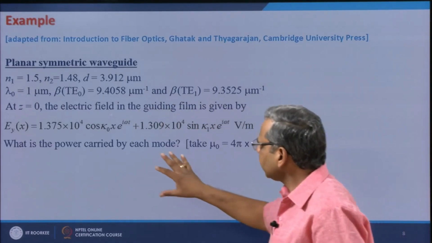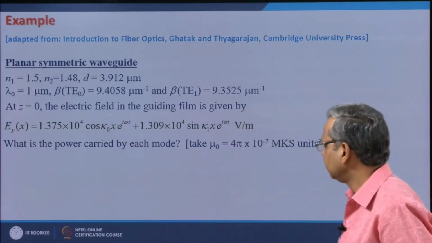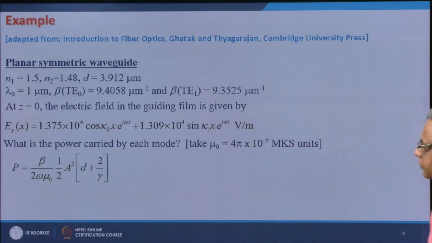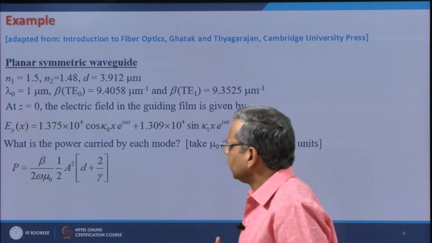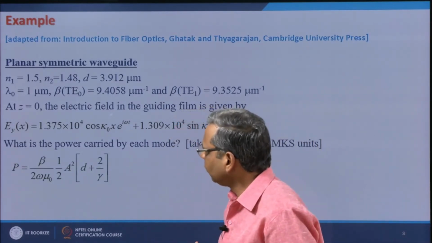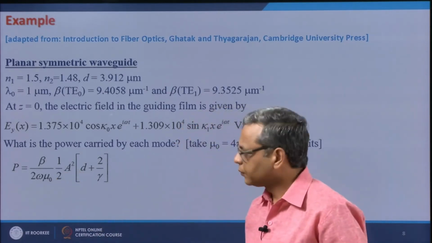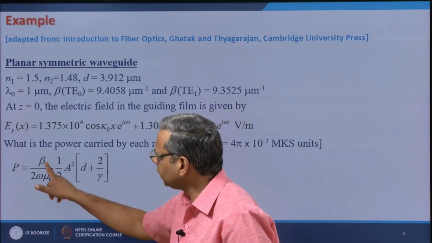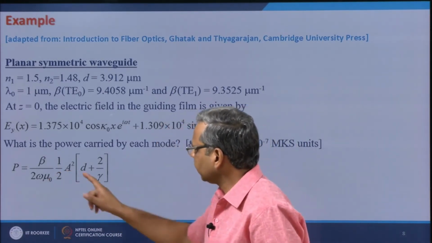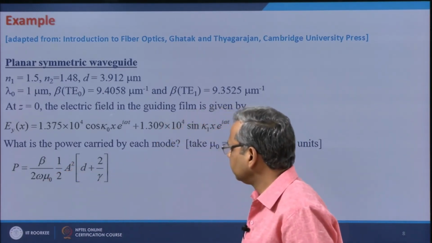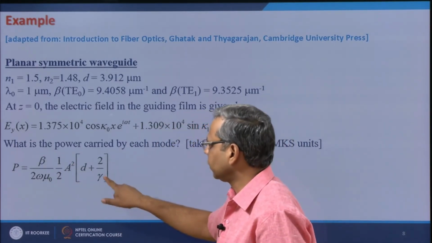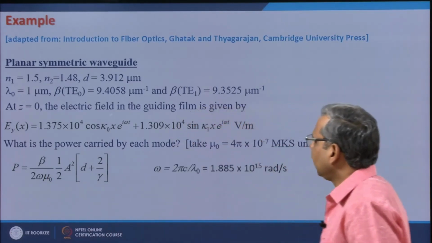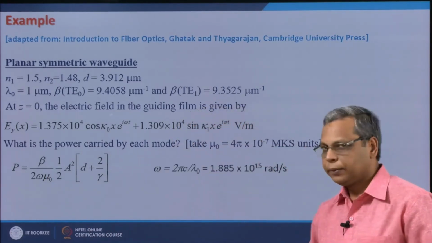Then what is the power carried by each mode? You can take mu naught equal to this. So, I know the power carried by a mode is given by this. So, what do I need to know? I need to know the beta for that mode, the amplitude of that mode, gamma for that mode, and of course omega, and omega is nothing but 2 pi c over lambda naught.